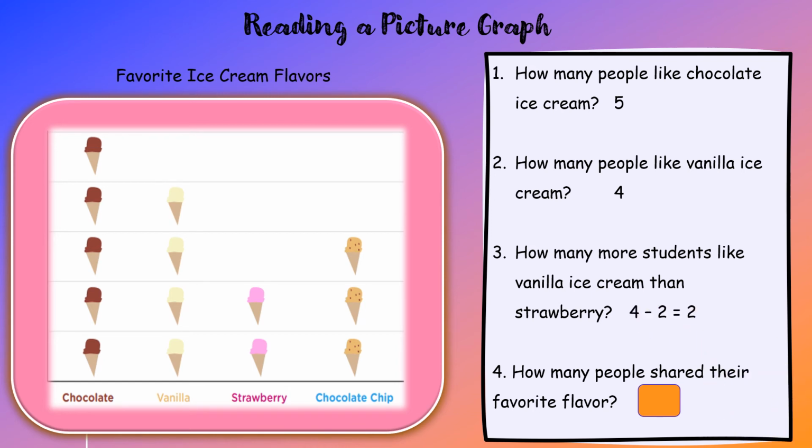If you said 4 minus 2 equals 2, then excellent job. So since how many more means to subtract, we have to find out how many people like vanilla, 1, 2, 3, 4, and how many people like strawberry, 1, 2, and create our subtraction sentence and solve it. 4 minus 2 equals 2.